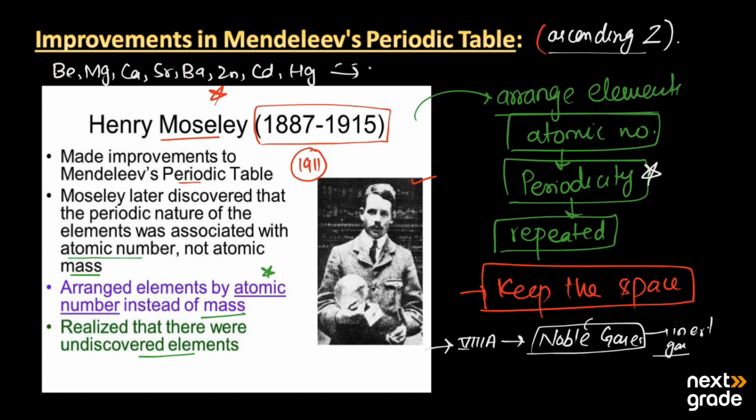The same was true for some other elements placed in the periodic table. So Moseley also gave space by categorizing the periodic table into group A and B. When he made all these improvements, it became known as the modern periodic table, and it was a historical work done by Henry Moseley.